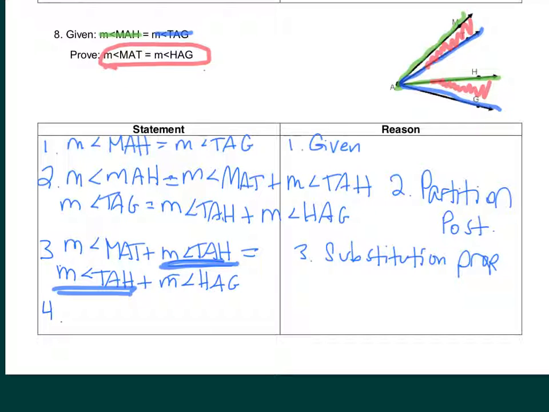Step 4, in order to subtract them out, remember, I need to use reflexive. I need to have something to subtract. Reflexive property. Remember, reflexive is equal to itself, not something else.